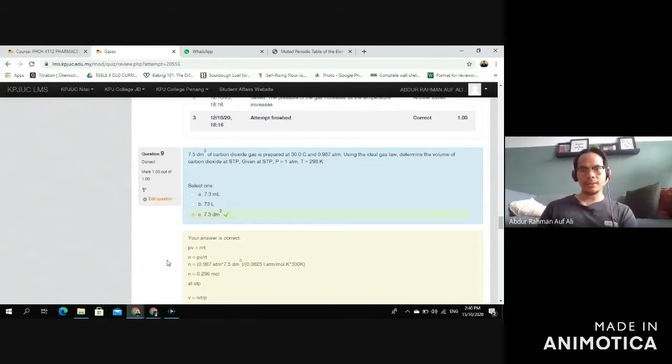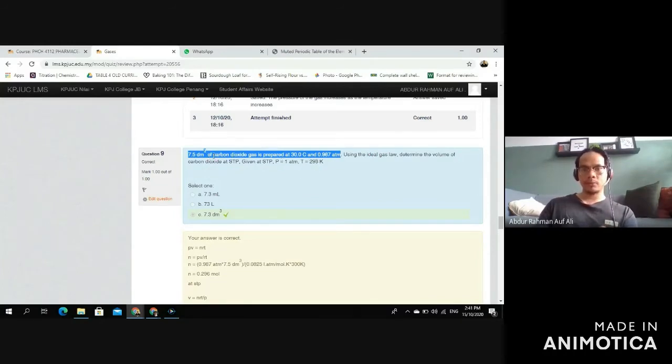So macam mana nak cari dia punya volume at STP? So to solve this problem, condition details ni bukan pada STP, because pada STP the pressure is 1 atm, the temperature is 298 Kelvin.